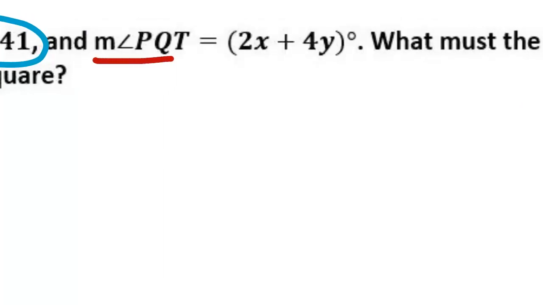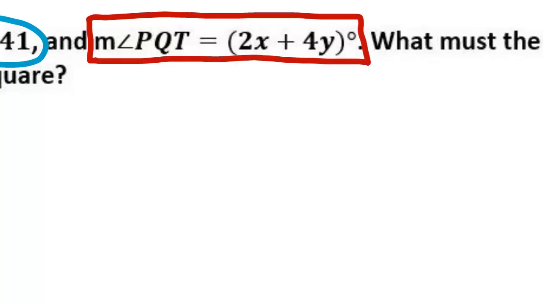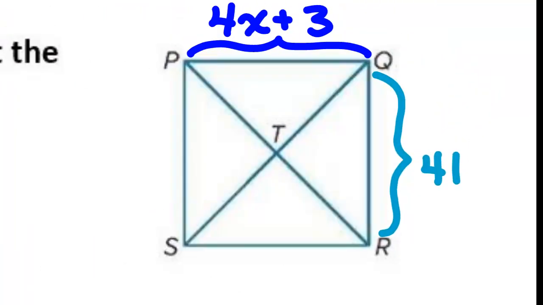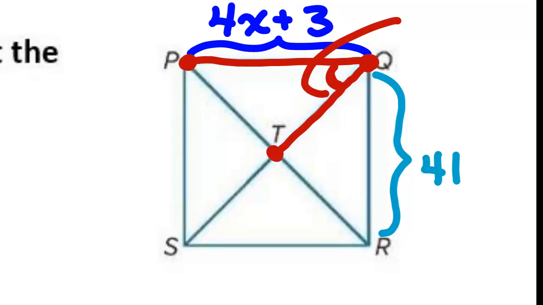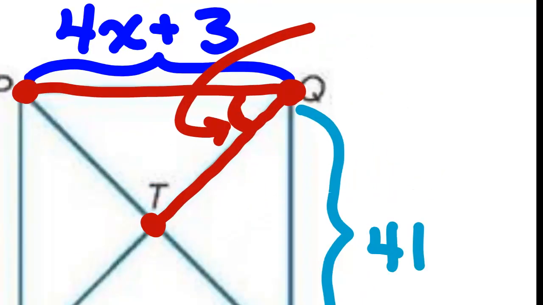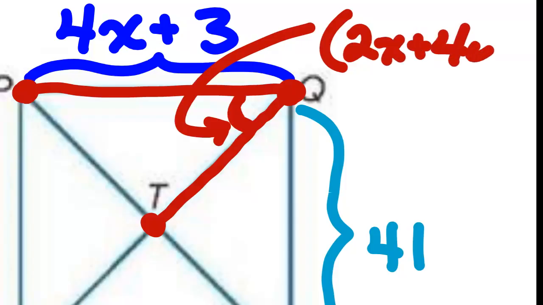The measure of angle PQT is 2x plus 4y degrees. So P over to Q down to T, this angle right here is 2x plus 4y degrees.